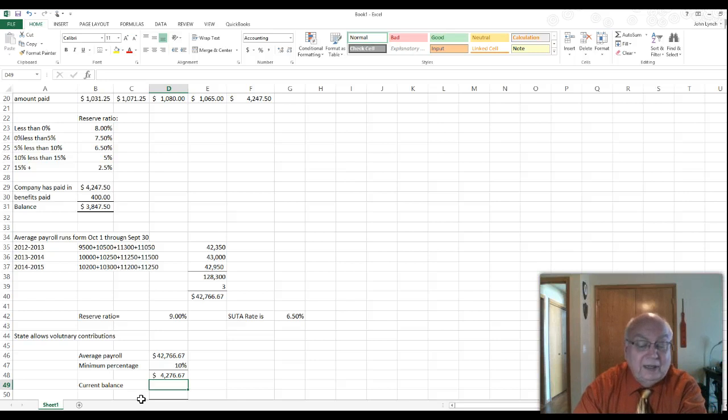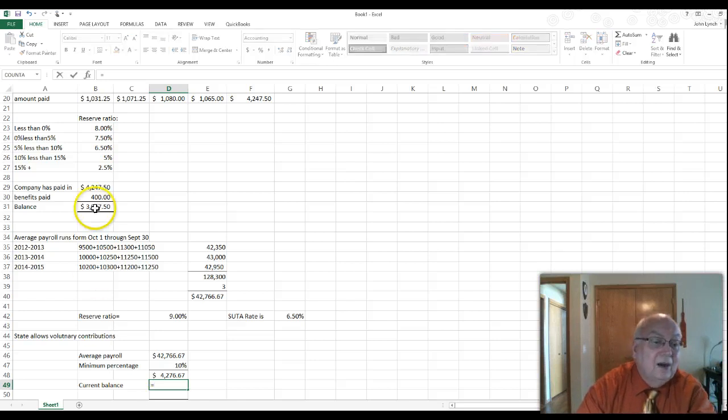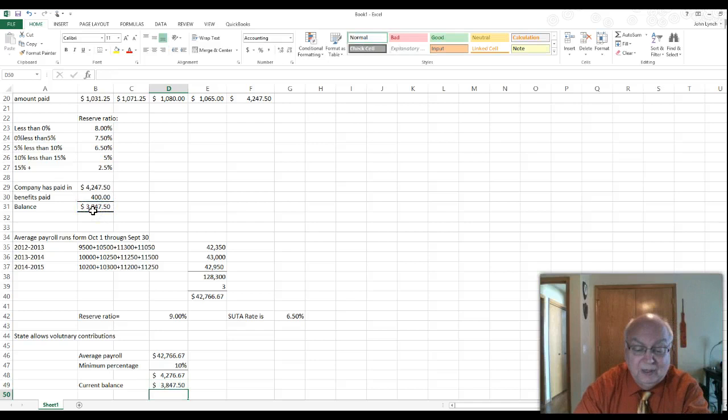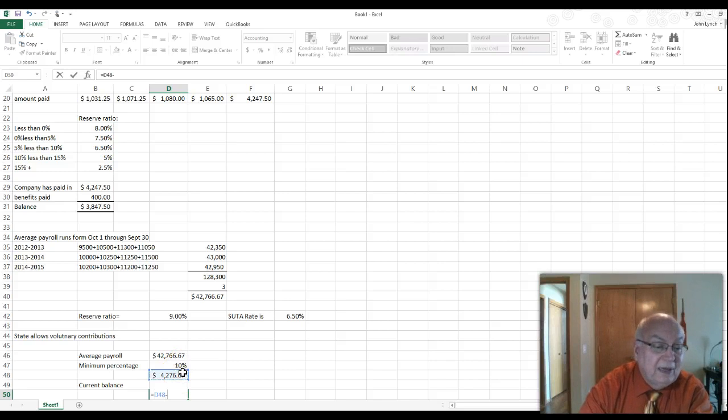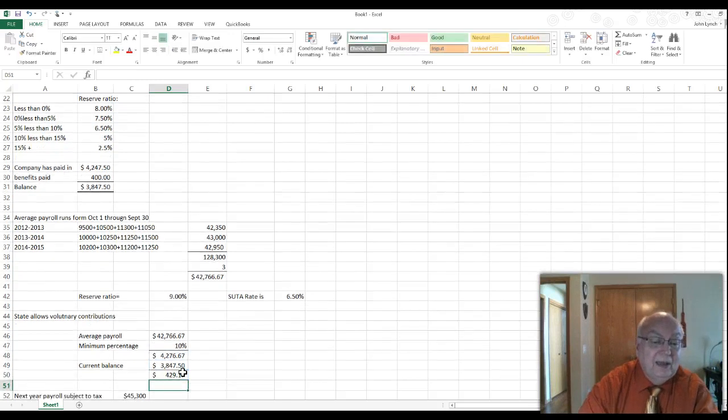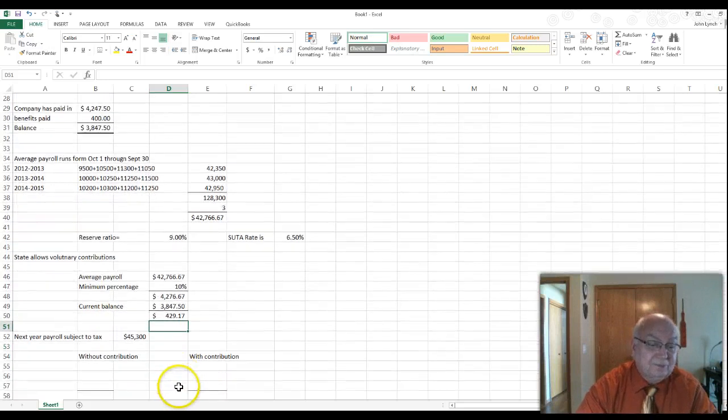42,767. We then subtract our current balance off of that. So we'd have the 4267 minus the 3847.50, and we have to make a contribution of 429.17.